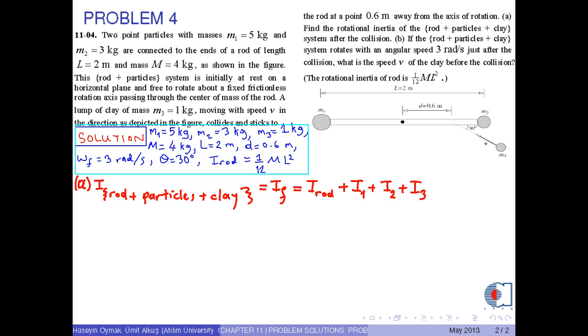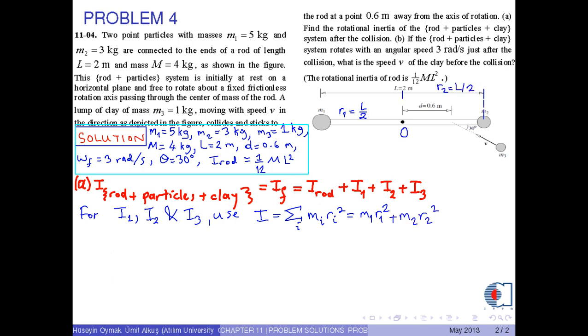For I1, I2 and I3, we use this formula, that is, m1 times r1 squared plus m2 times r2 squared plus m3 times r3 squared.